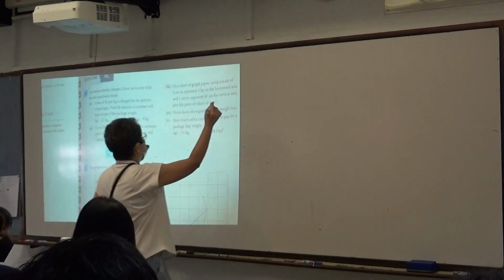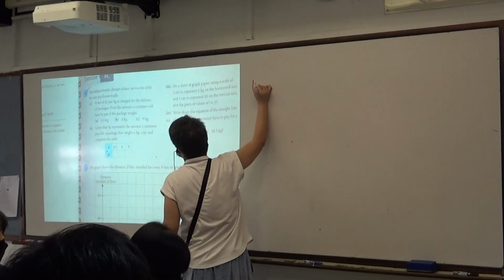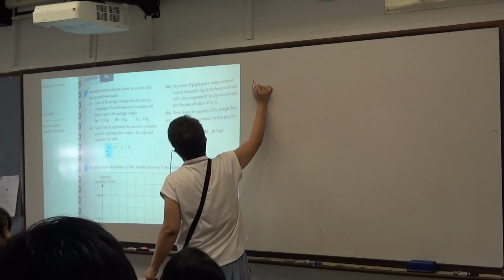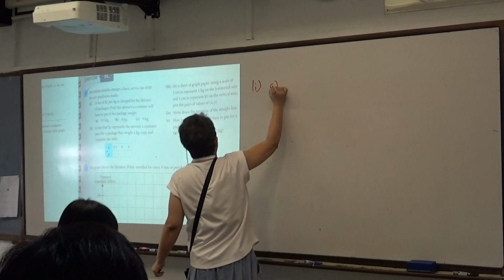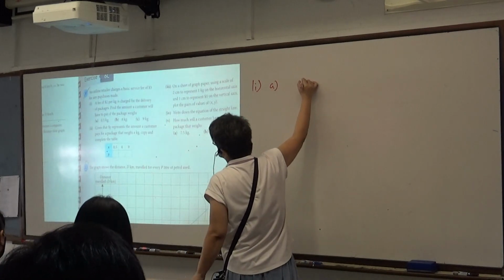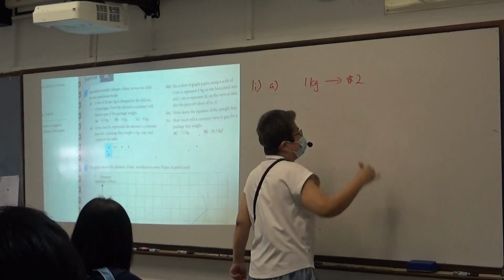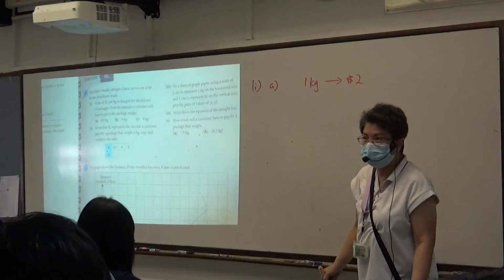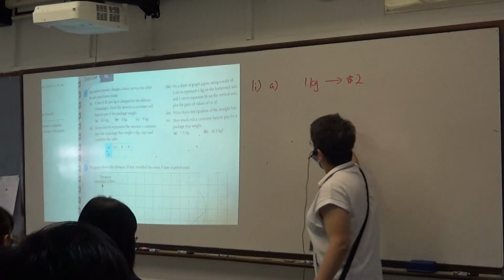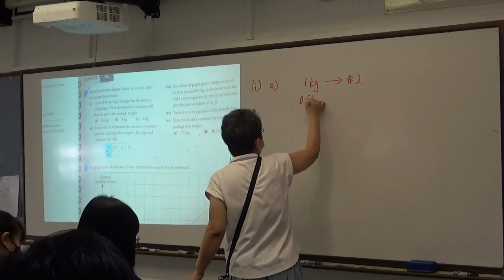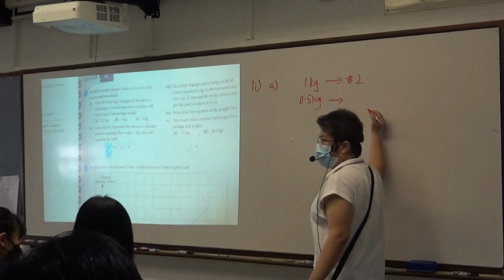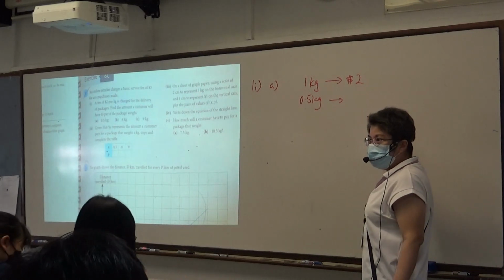Okay. A fee of $2 per kilogram is charged for delivery. Find the amount a customer will have to pay if the package weighs 0.5, 4 or 9 kilograms. Okay. At the back of the paper, write down this. 1 kilogram costs $2. What about 0.5 kilogram? That is half a kilogram.